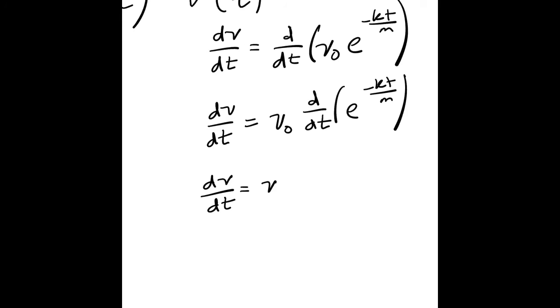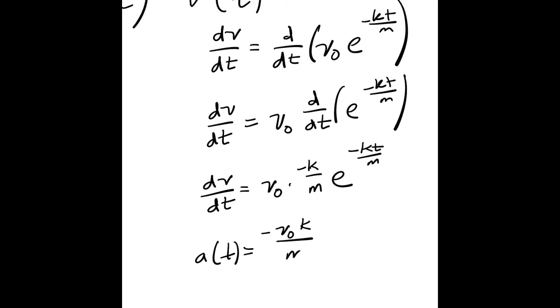This is going to end up becoming v initial times, we take the derivative of the exponent there, so that's just negative k over m times e to the negative kt over m. So a of t here is going to be equal to negative v initial k over m times e to the negative kt over m.